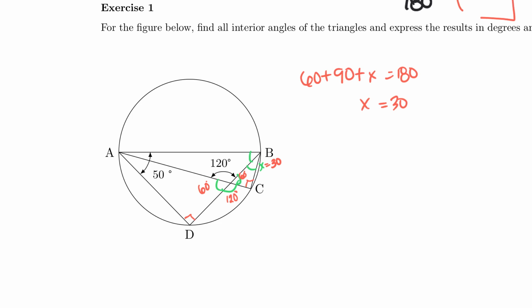Now let's solve for this entire triangle. Let's solve for this angle. Let's call this angle y. And let's set up the equation. It says that 60 plus 90 plus y is equal to 180 degrees.